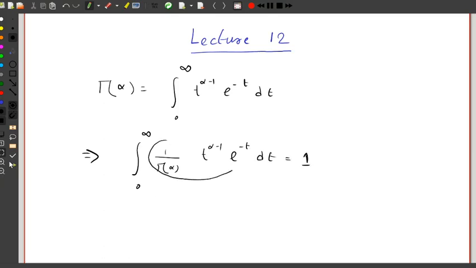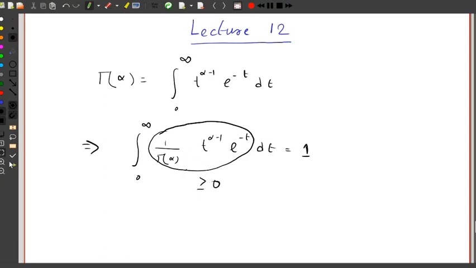Moreover, this function is always greater than or equal to 0. In fact, this function is strictly greater than 0 on the positive part of the real line.